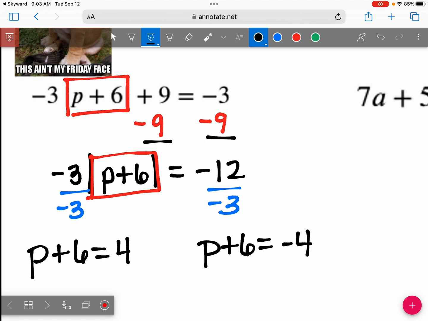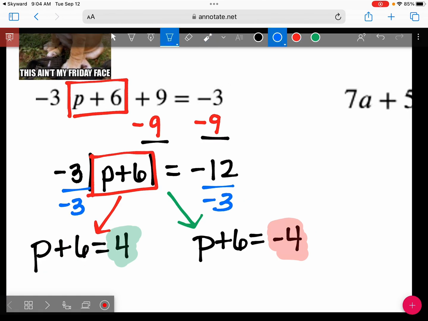So there's two equations when we solve an absolute value. One is positive, one is negative. +4, -4. So how do I solve this equation? To solve for p, I need to get rid of that plus 6.